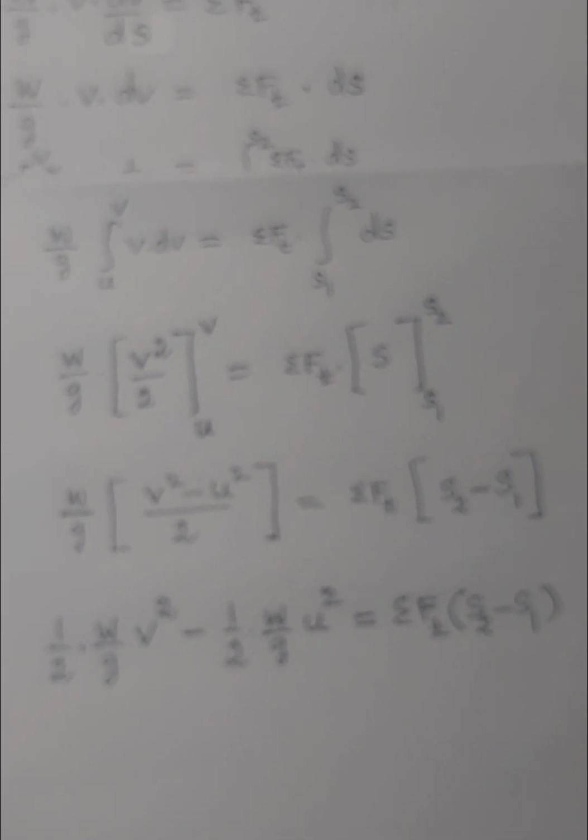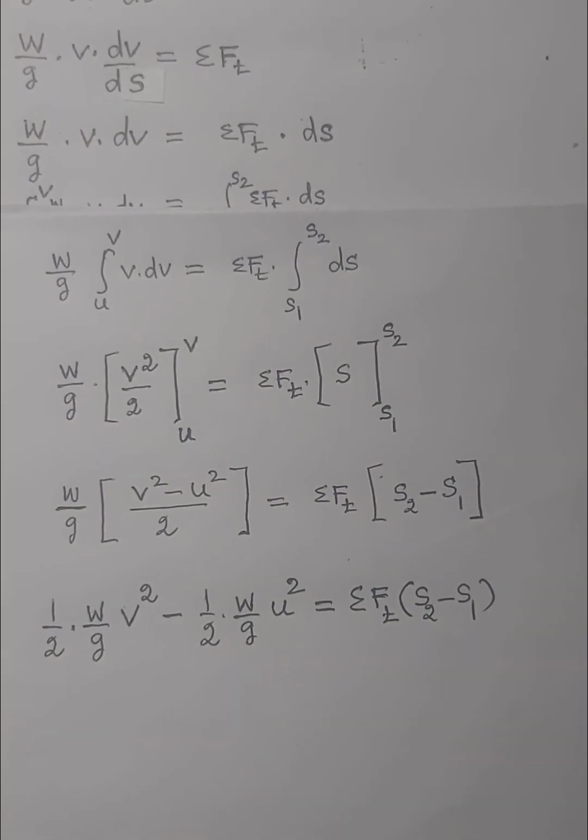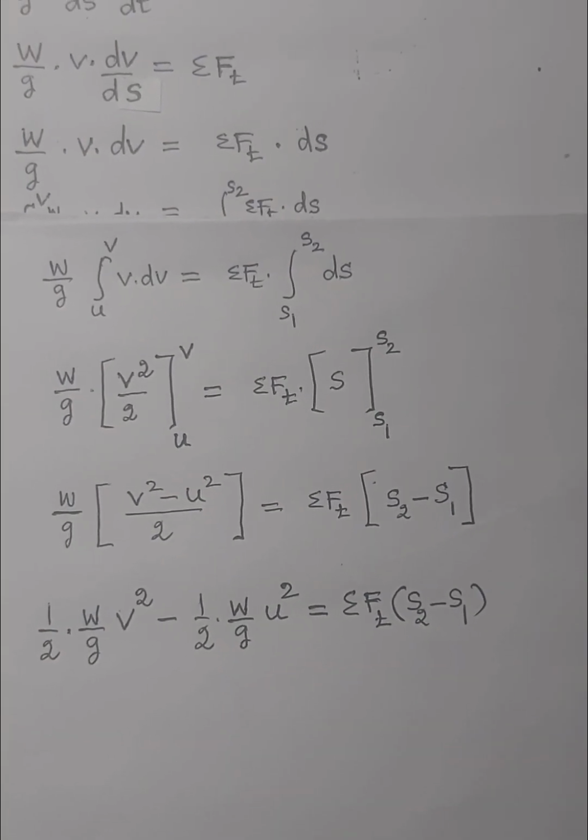Up to here, the displacement covered is S2. In between these two points, we find the work and energy theorem. We have found it as final kinetic energy minus initial kinetic energy exactly equal to work done.